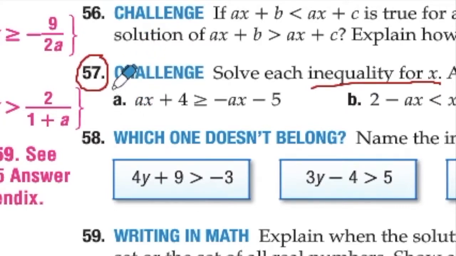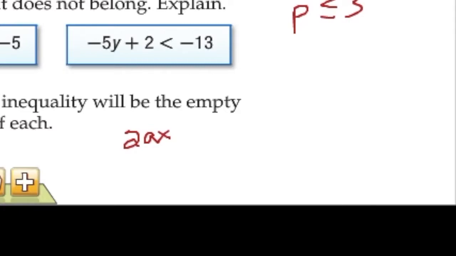So in the case of letter A here, I have ax on the left and ax on the right. So the first thing I'm going to do is add ax to both sides. So I have 1ax plus another ax, which is actually 2ax. I still have the plus 4, I still have the greater than or equal to sign, and I still have the negative 5.